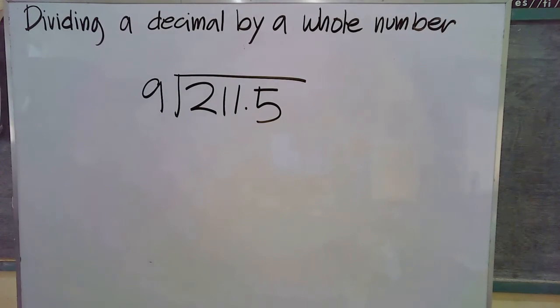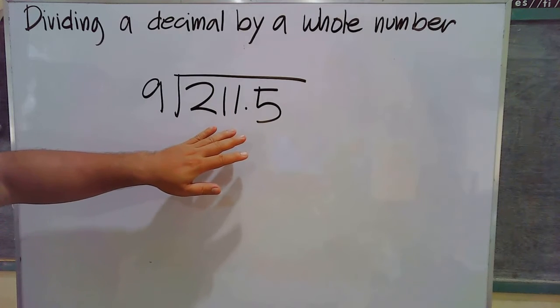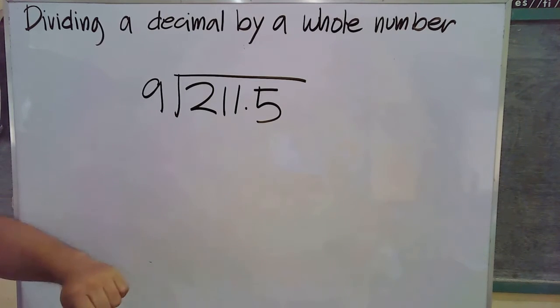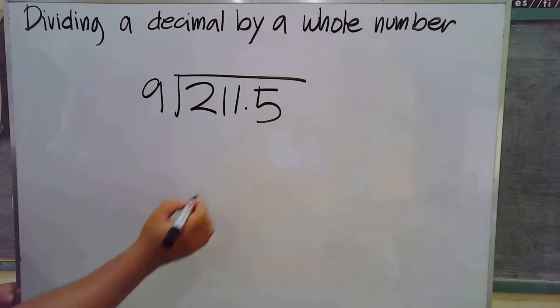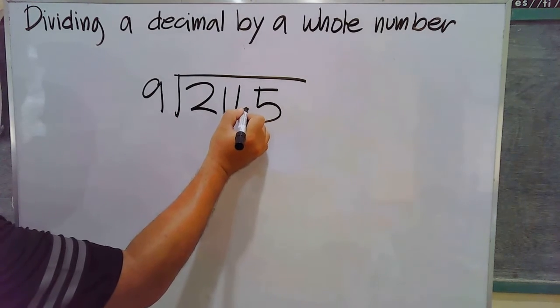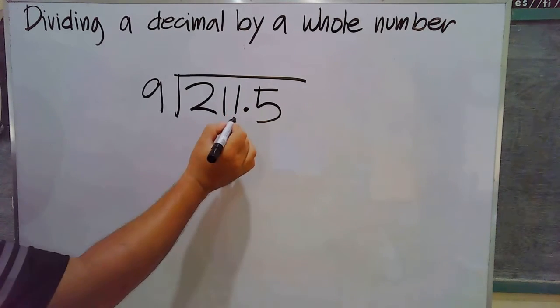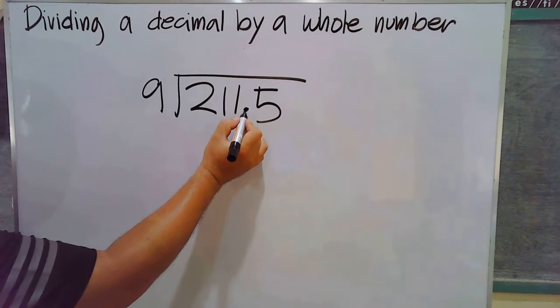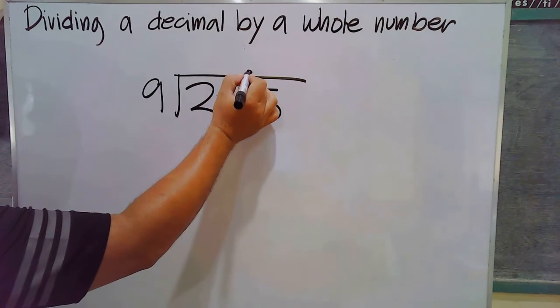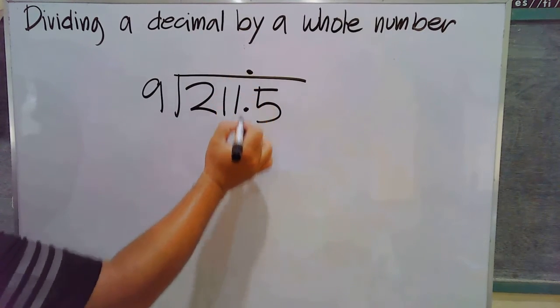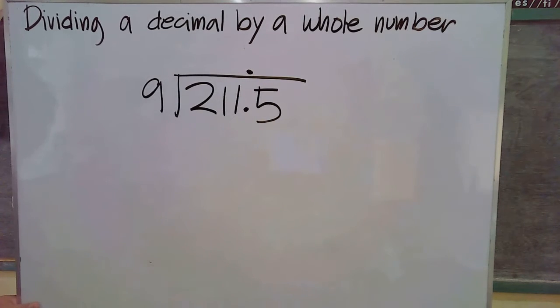So we have here a decimal number for our dividend and a whole number for our divisor. So first thing to do is put the decimal point on top, aligned with it. Okay, and divide just like whole numbers.